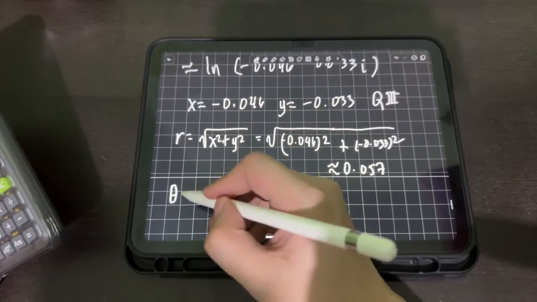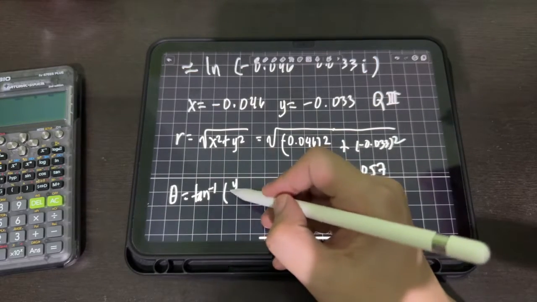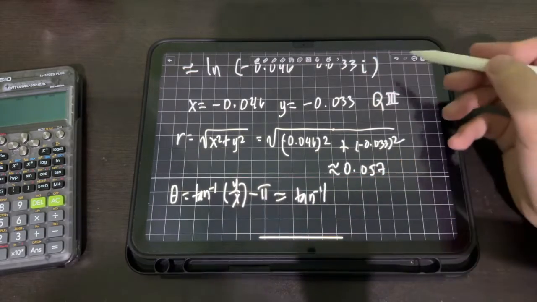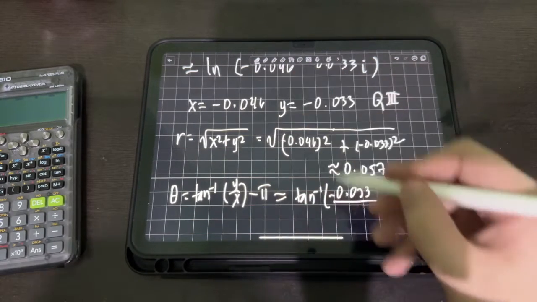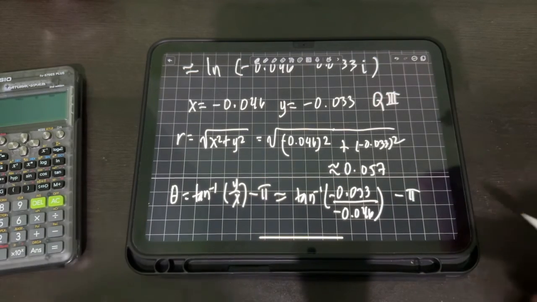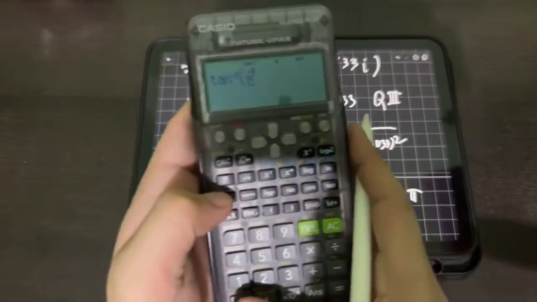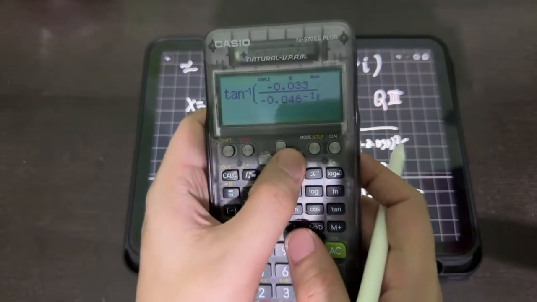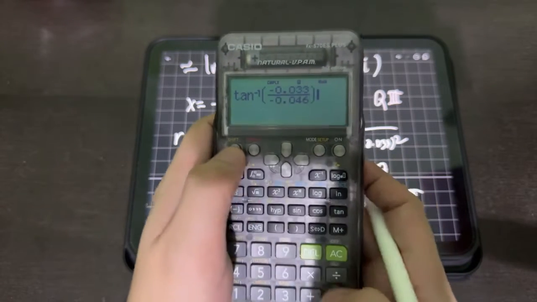Then for the theta, if the complex number is in quadrant 3, the formula for theta is arctan y over x minus pi. Substitute: arctan of y, negative 0.033, over x, negative 0.046, minus pi. Use your calculator: arctan of negative 0.033 over negative 0.046, minus pi.